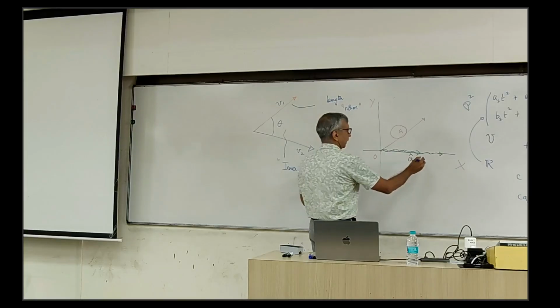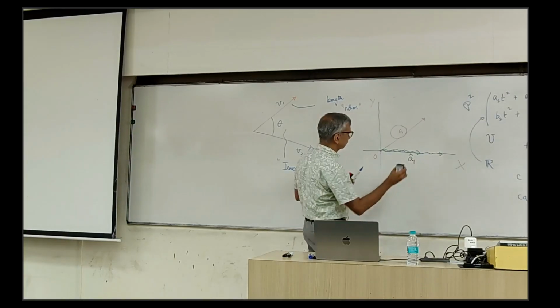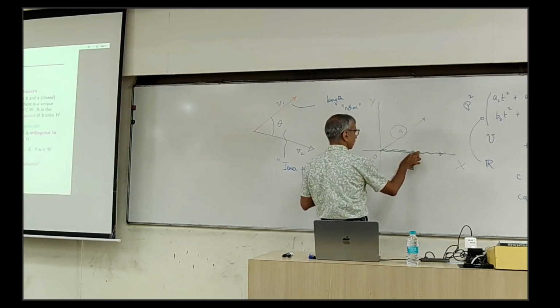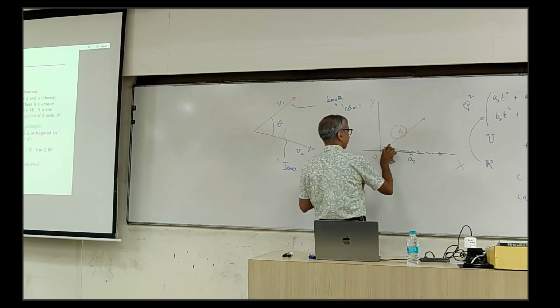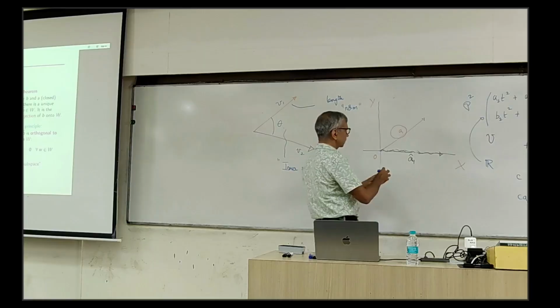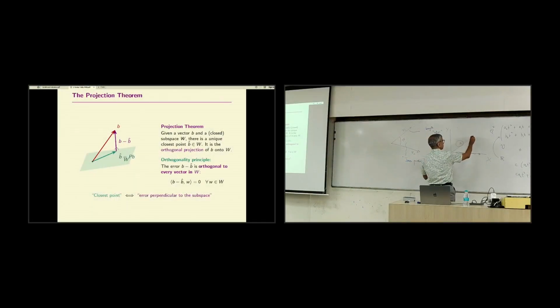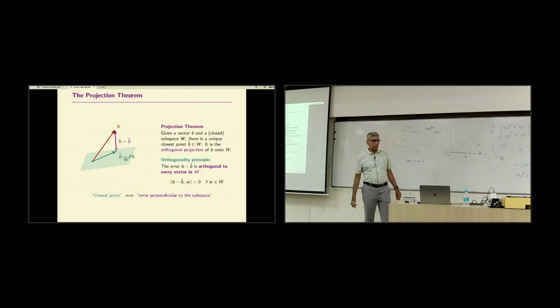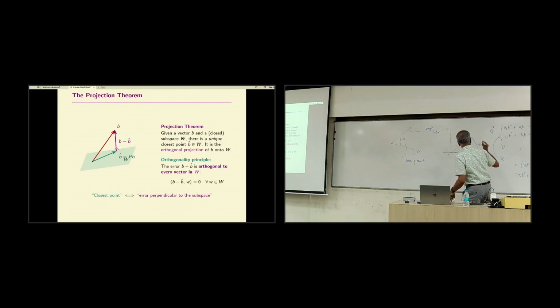So let's remove the green one. Yeah? And let's have this. So I'll talk of this as an error. Okay, why is that? Or rather, I'll do it the other way.